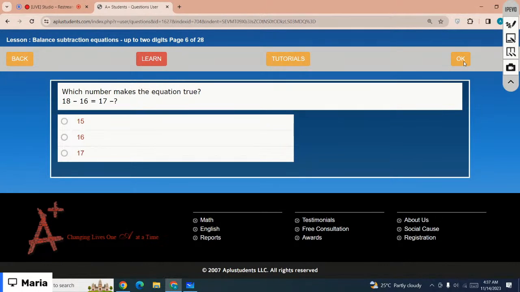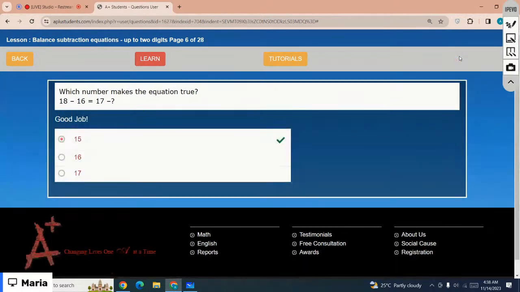The correct option is 17 minus 15. The correct option is 15 because 18 minus 16 is 2, right? And 17 minus 15 is 2.